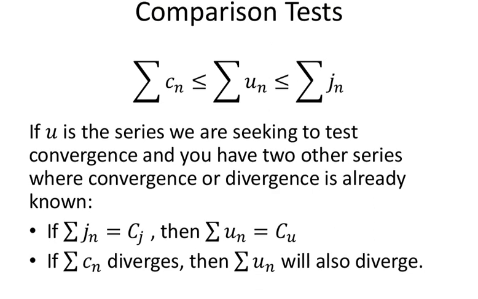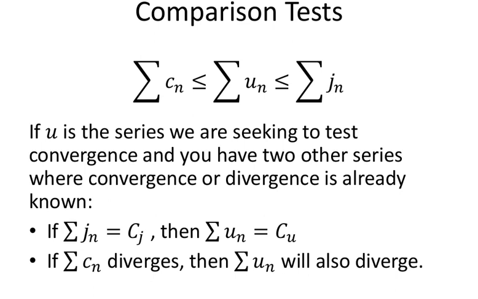So the comparison test, I got three series here. I got C, I figured, for clowns, and J for jokers, and stuck in the middle here is U. If U is the series we are seeking to test convergence, and you have other series that you've already known, such as C of n or J of n, if J of n converges, then it means that the lesser function U of n must also converge to some value.